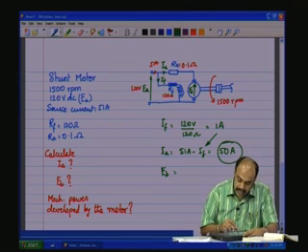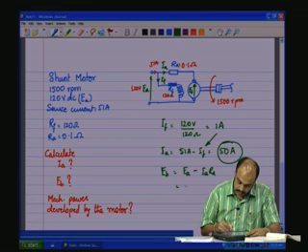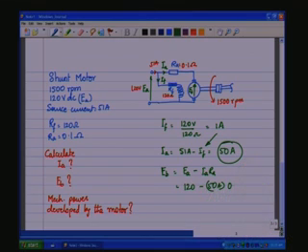It is EA minus the IARA drop, which is 120 minus 50 amps into 0.1 ohms, which is 115 volts. This is the second.